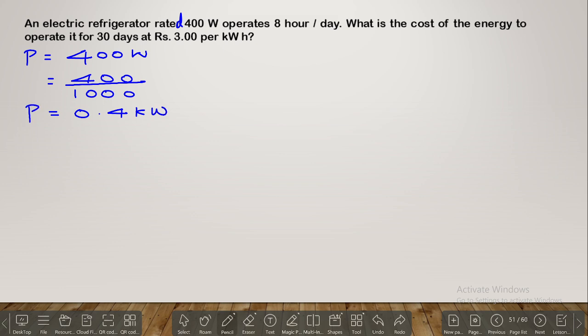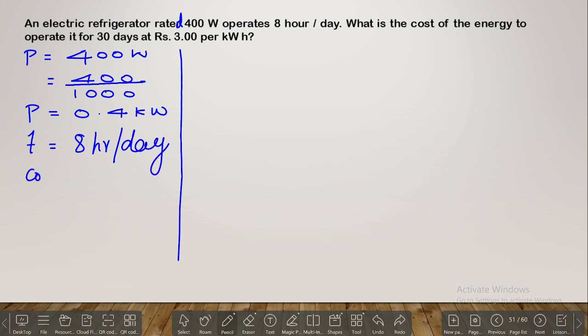What is the power of the refrigerator over here? P is equal to 0.4 kilowatt. Now for how many hours is it working? 8 hours. It's working for a time of T is equal to 8 hours. Next, what is the cost they are asking for 30 days?